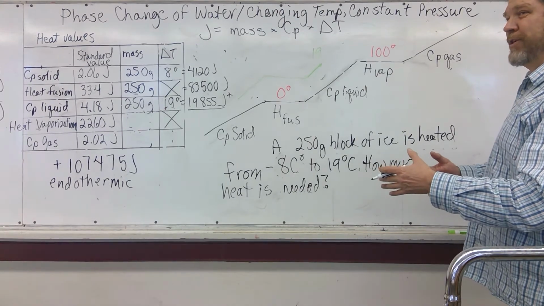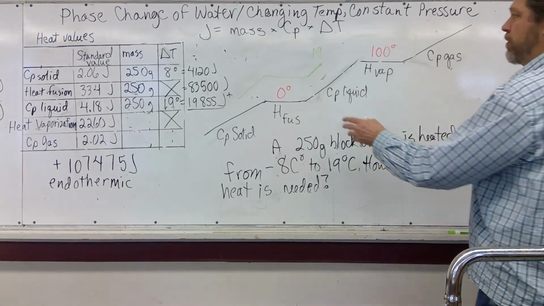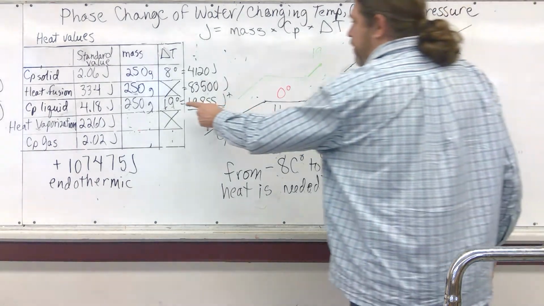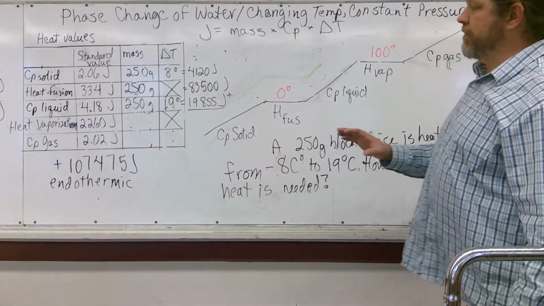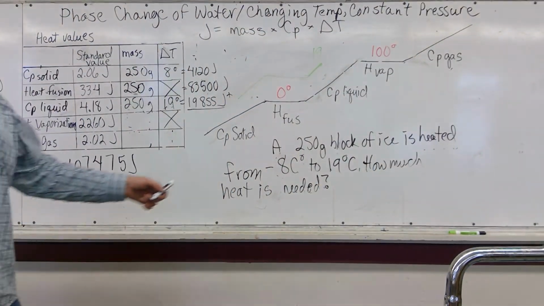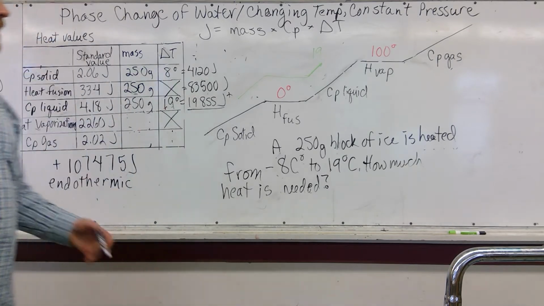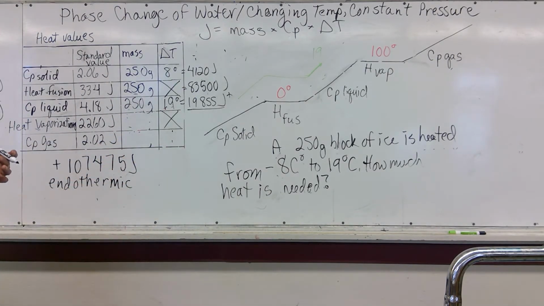It moves around if we shake it. It'll flow if it's spilled. And then once it's become a liquid, we are warming it 19 more degrees. So the composite amount of energy investment for the entire change, that being that block of ice at -8 degrees to 19 degrees Celsius, is this amount.